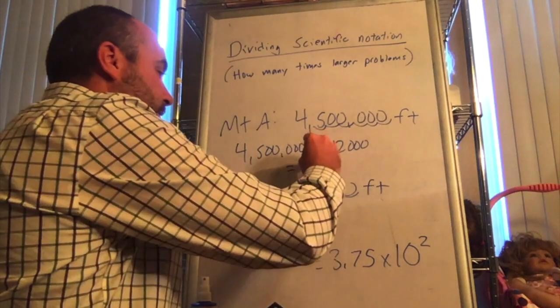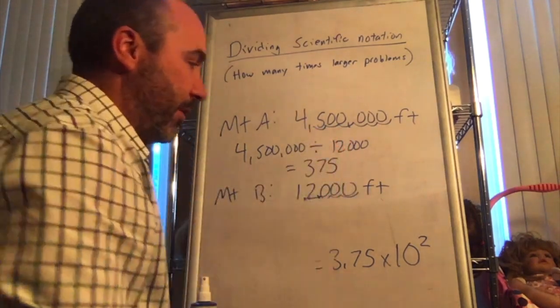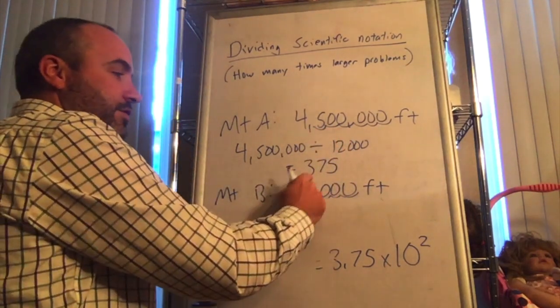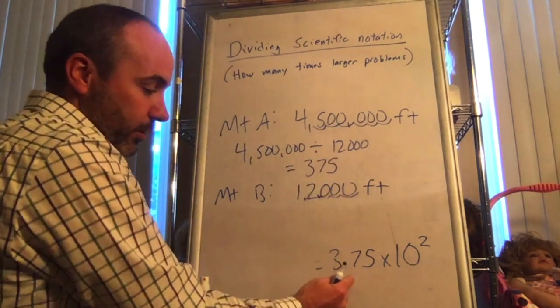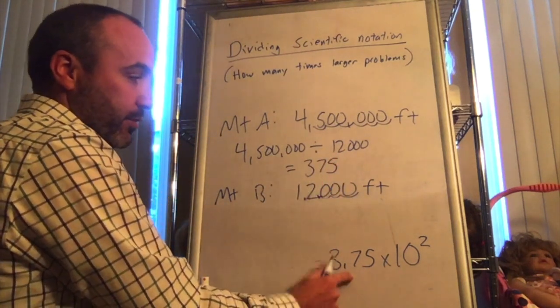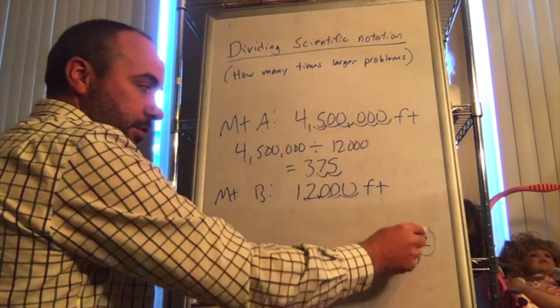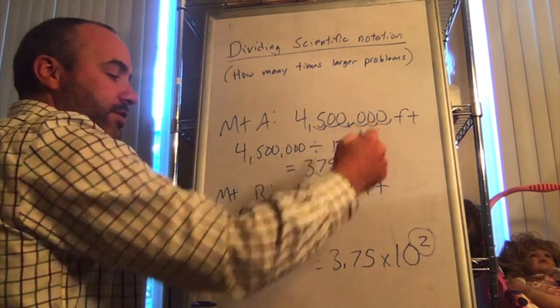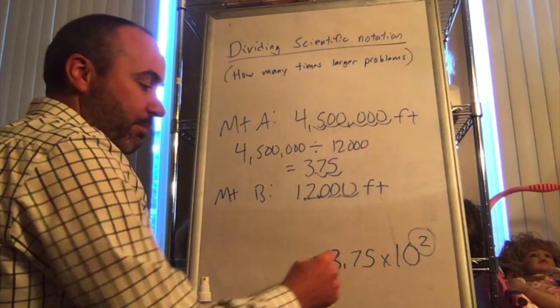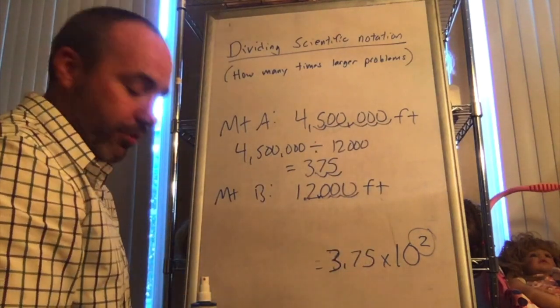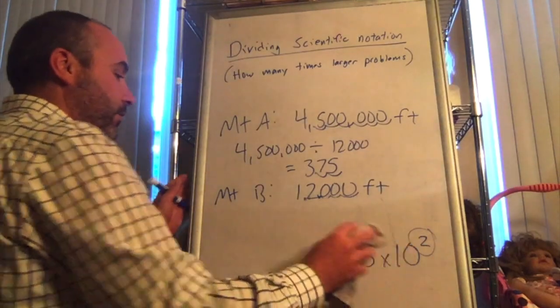So I get 375 as my answer. Well, what if I have to change that back into scientific notation? Look at what our other answer was in scientific notation. The decimal was here. We have to move it 2 spots to get 3.75 being in between 1 and 10. So we can have it work that way as well.